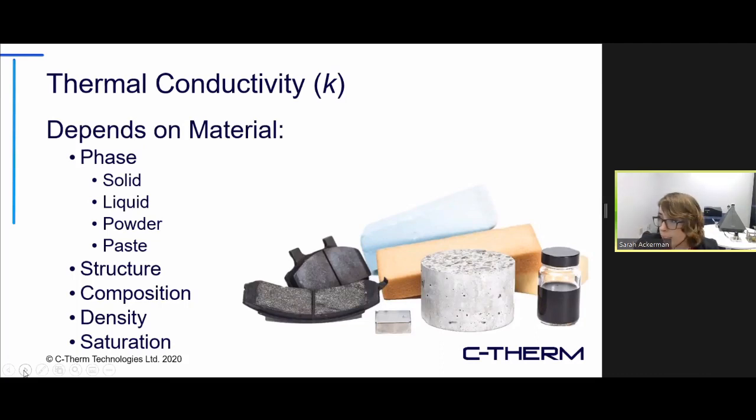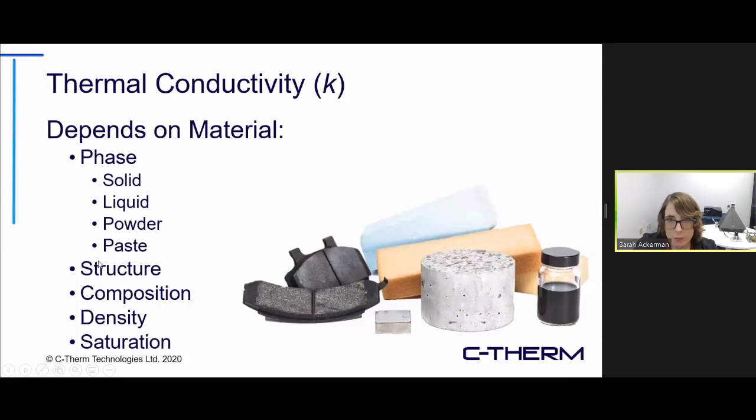Talking about thermal conductivity, it depends really a lot on the material's properties. It depends on the physical phase. So if the material is solid, it will tend to have a higher thermal conductivity than a liquid. If it's a powder, the interstitial air is going to dominate your heat transfer. If it's a paste, usually the fluid that makes up the matrix of the paste is going to have a highly dominant effect, but the filler will also have a significant effect on the effective thermal conductivity.